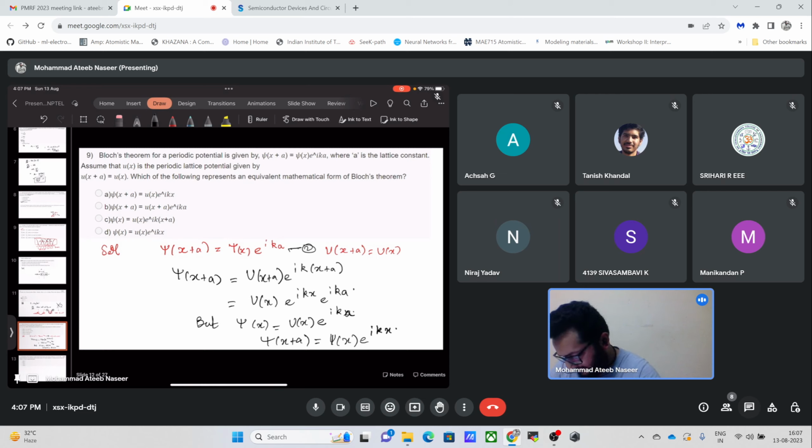Let me do it again. Let's skip this equation. U of x plus a is u of x, and psi of x is simply u of x e to the power ikx. And psi of x plus a is u of x plus a, e to the power ik(x plus a).